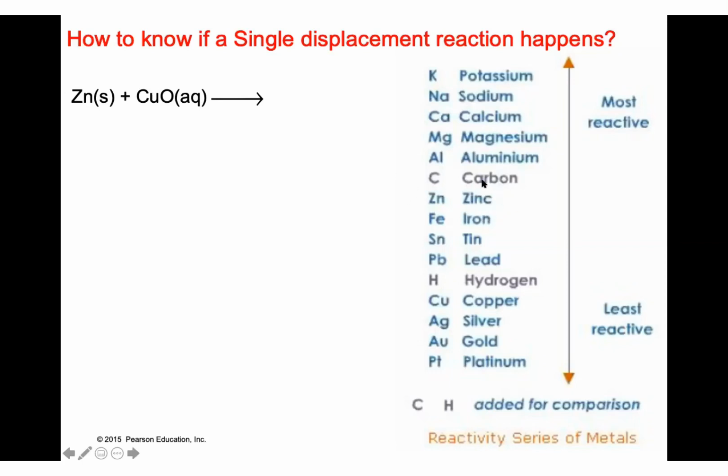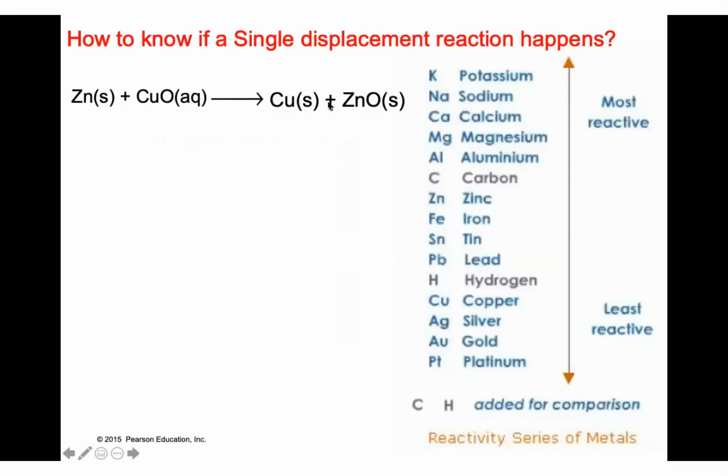I'm arrowing to it. Where is copper, guys? It's here. Which one is the higher one? Zinc, right? Compared to copper, zinc is alone. We said that the more reactive element should be alone. Zinc is more reactive because it is in the top part of the table compared to the copper.